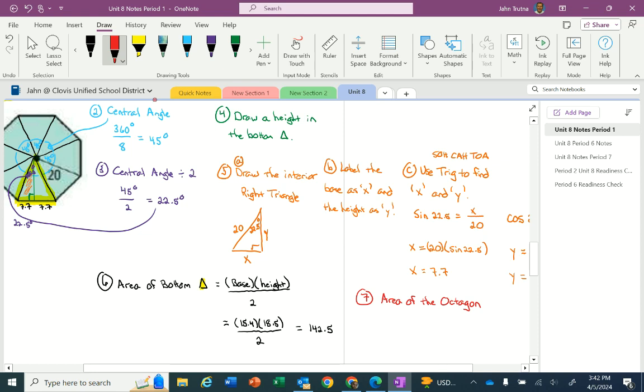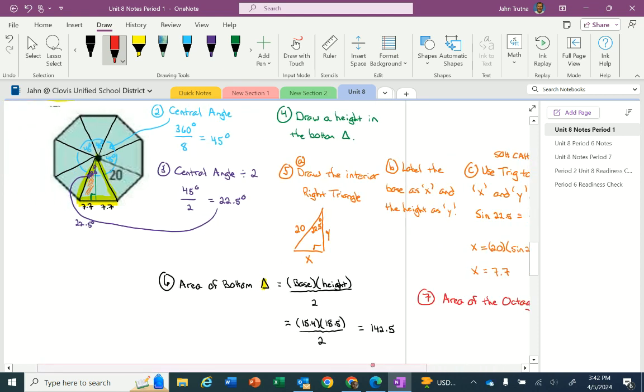Well, let's go to my picture. I know my area of that bottom triangle is 142.5. Then I'm going to multiply that by how many triangles are just like the triangle at the bottom, including that one. There are 8 triangles.